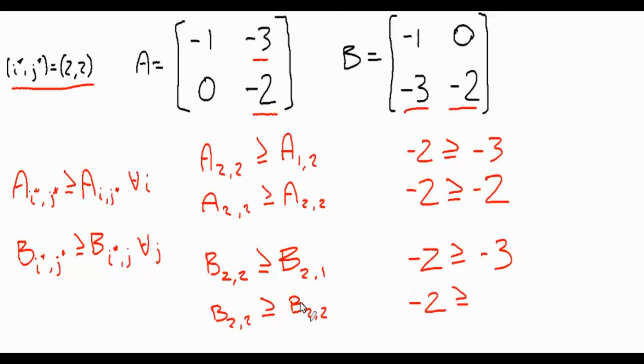It's greater than or equal to B 2 comma 2, negative 2 right there again. All of these inequalities are true, and therefore the pair I star, J star equal to 2 comma 2 corresponds to a Nash equilibrium.